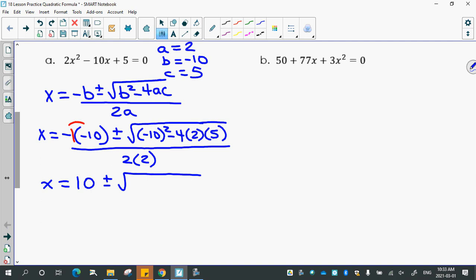So I'm going to type 10 squared minus 4 times 2 times 5 equals, and it gives me 60. Make sure you can get 60. If you can't, let me help you with your calculator. Everyone make sure you can get 60 for the number under the square root sign. So you're doing 10 squared minus 4 times 2 times 5. And then that's all over 4.